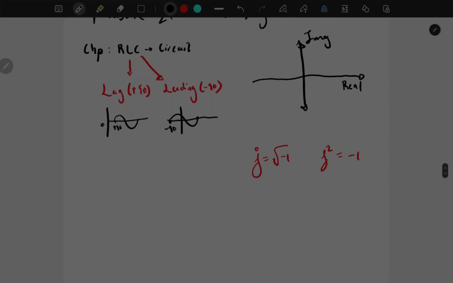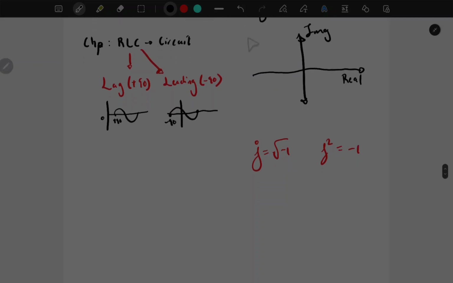Okay, so this is method 1, let me write here number 1. Your second method, number 2, would be from the equation. So what equation do we have?